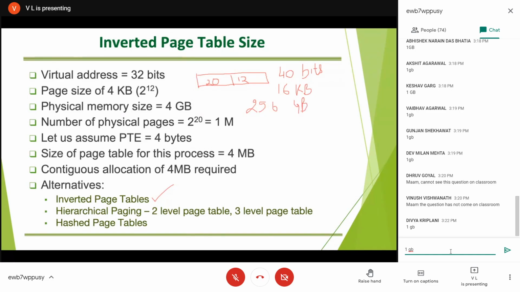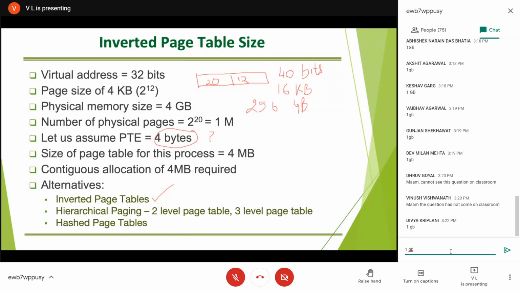Now, first of all, tell me what should be the size of the page table entry for this particular scenario when we are going to store the inverted page table. I'll repeat. Virtual address is 40 bits. Page size is 16 kilobytes. And physical memory size is 256 gigabytes. So what can you say about the number of bytes required for the page table entry?